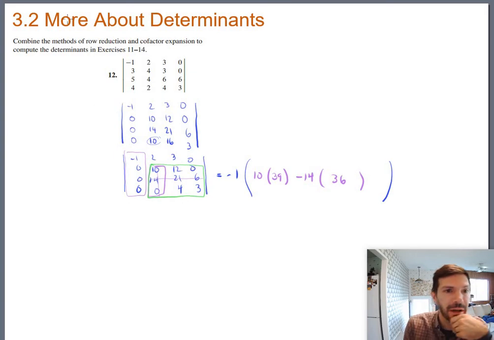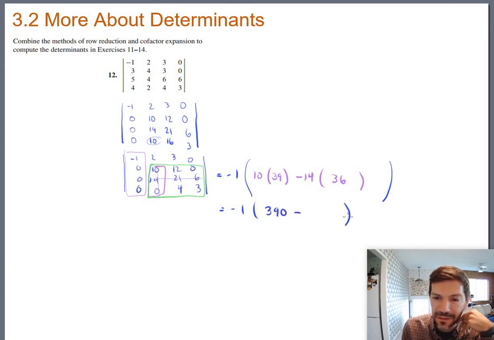Okay, and now I'm getting to the point where I need a calculator. So let's see, this will be -1 times 390 minus something.